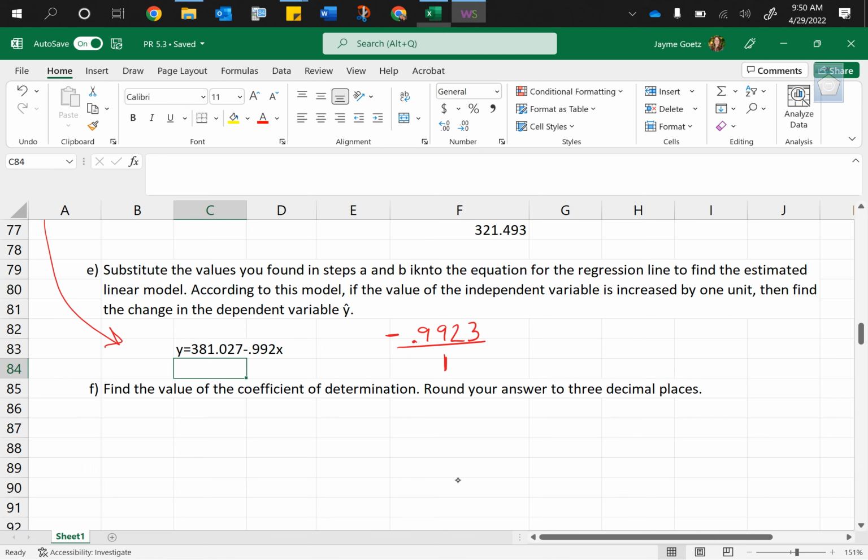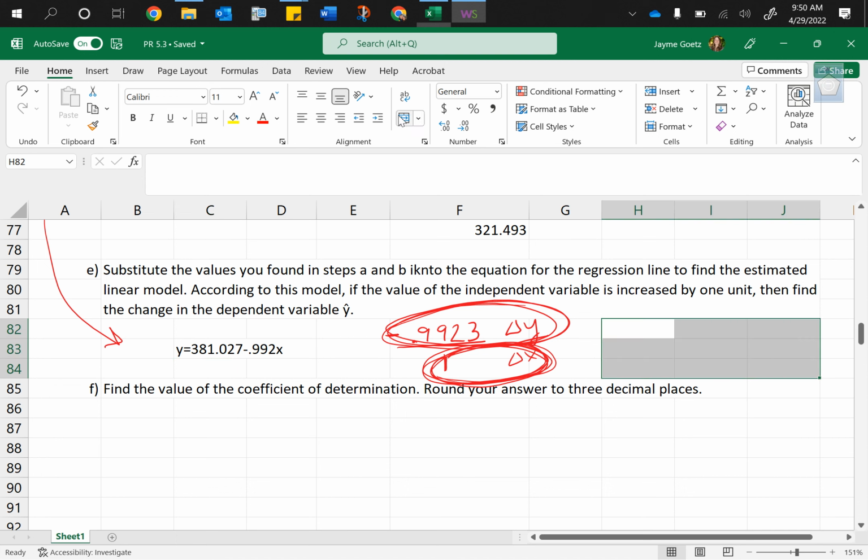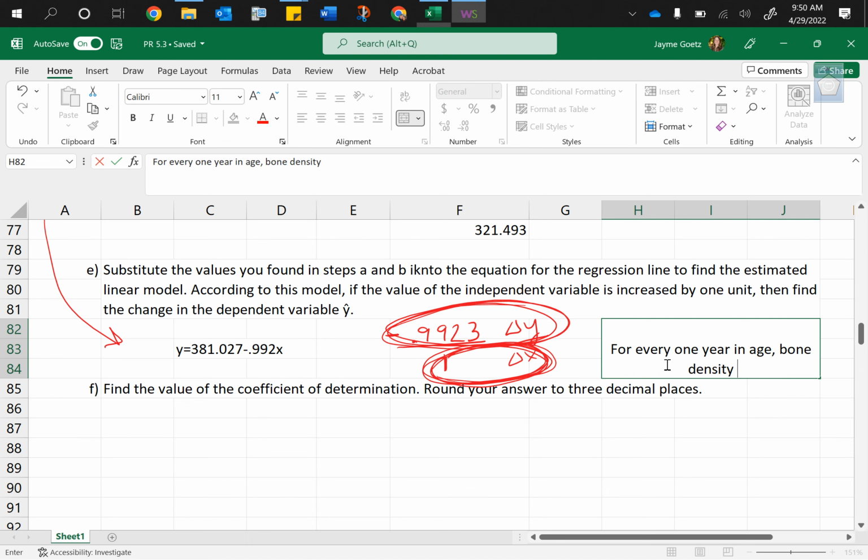It says if the value of the independent variable is increased by 1 unit, so for every 1 unit in the independent variable, what's happening to the dependent variable? It's going down by how much? 0.9923. So when they say find the change in the dependent variable, that means for every 1 year in age, bone density is going to decrease by 0.9923.